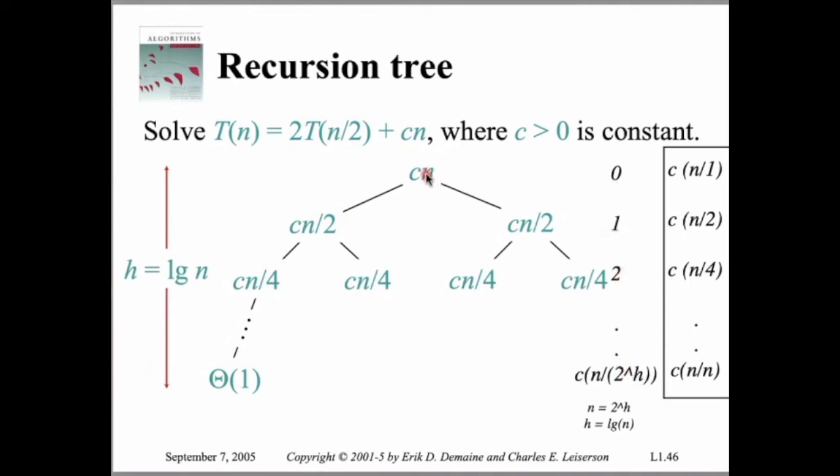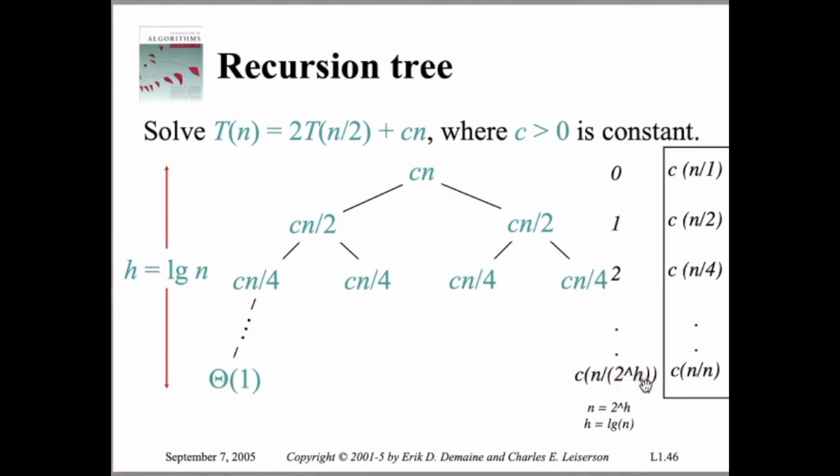And yung nangyayari sa formula ko is that I have n over 1, that's n. I have n over 2, n over 4, and so on, hanggang n over n. I can represent it using the height of the tree by getting this parang representation. N is actually 2 to the i, where i is the parang height, the current level. Kapag nakarating ako sa baba, that's 2 to the h.